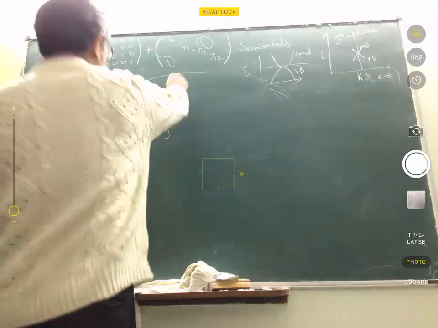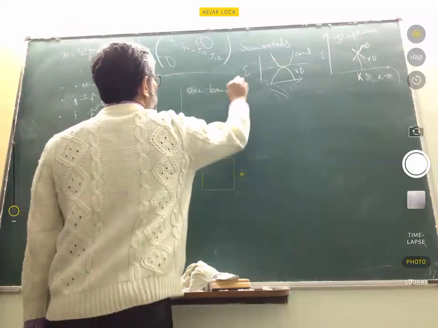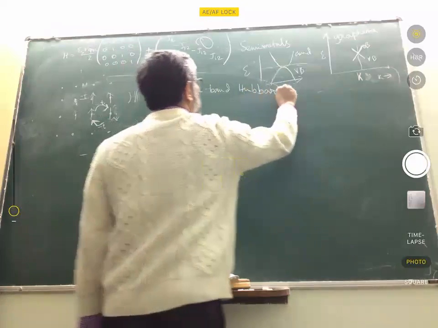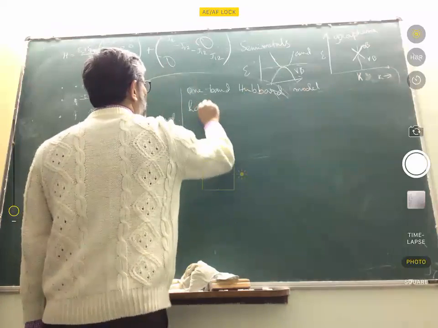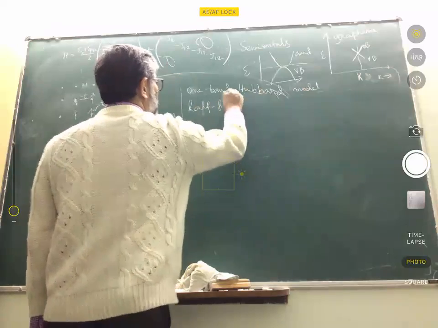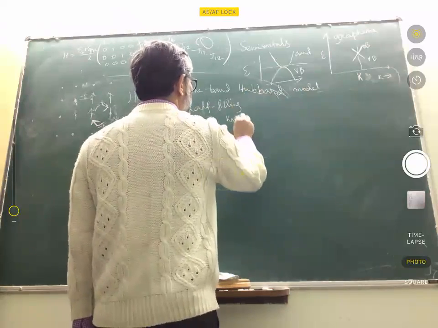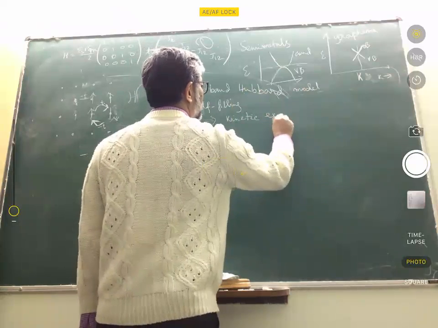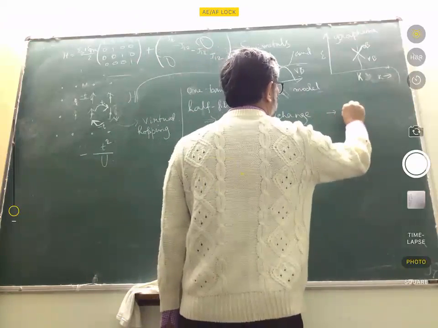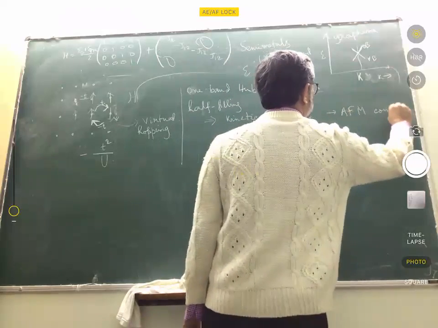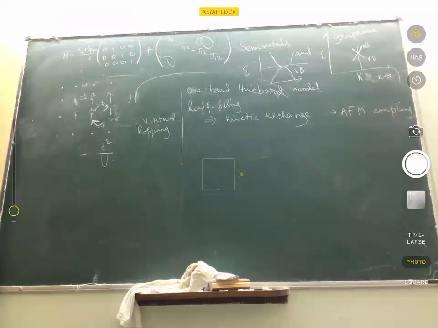So what is the net understanding then? Hubbard model, one band at half filling: in this model, kinetic exchange gives antiferromagnetic coupling between spins on neighboring sites.